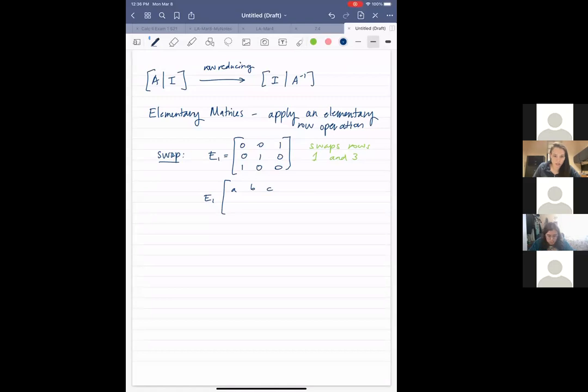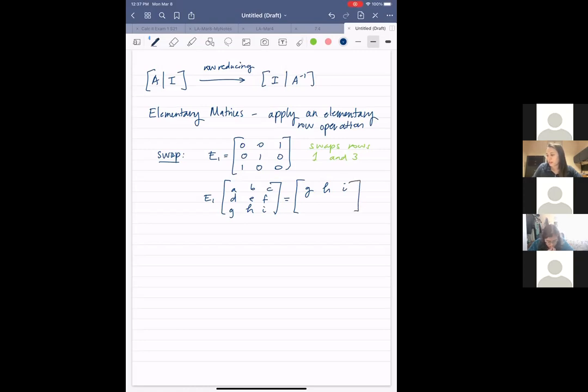Say it has entries A, B, C, D, E, F, G, H, I. When you do the multiplication, you take the first row of E1, that's 0, 0, 1, and multiply it by the first column of this matrix. It picks off just the last entry in that column, so it's G. The same thing happens with the first row times the second and third columns, so we get G, H, I. You see the third row has jumped up to the first row.